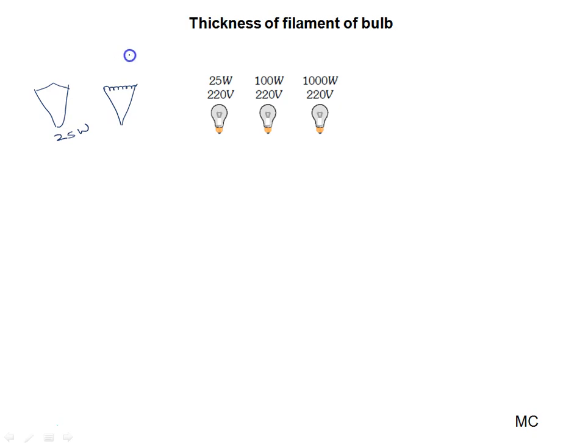Similarly, there is a difference in the thickness of the filament of the bulb also. I think all of you know power is given by V square by R. That you know very well. And voltage is constant in the domestic supply. So P is proportional to 1 by R. What is resistance? Rho L by A. Rho is constant.